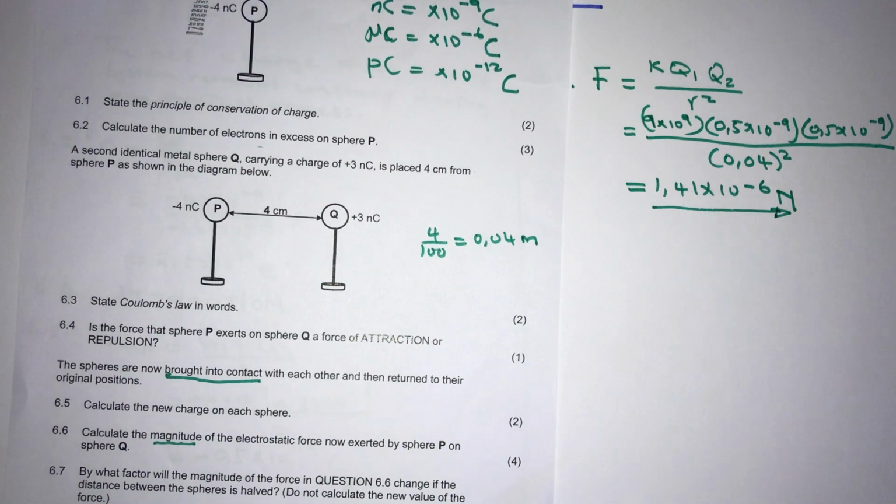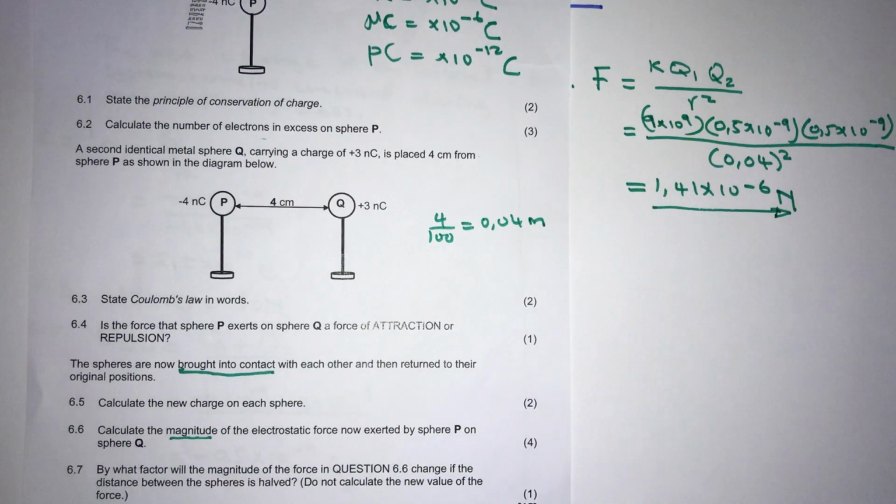Now let's check 6.7. 6.7 says, by what factor will the magnitude of the force in question 6.6 change if the distance between the spheres is halved?